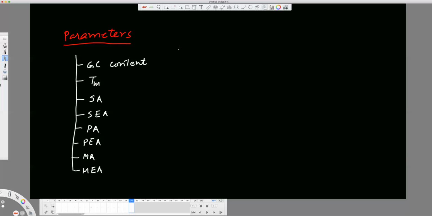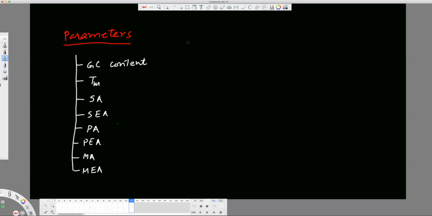Right. So now how do we score it? We will look into these parameters, but let us first look at the scheme. What are we going to do after scoring them? First of all, we need to have a reference range, right? What is the ideal value that we want for GC content, TM, SA, SEA, and so on?